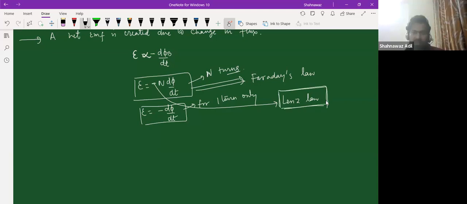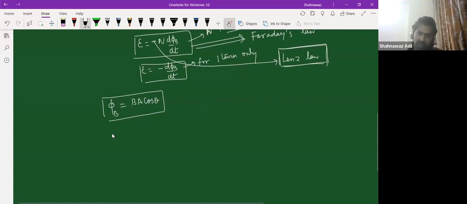So we already know what this phi is. This magnetic flux is B A cos theta. If we put this value in here, we'll get minus n d(B A cos theta) by dt.